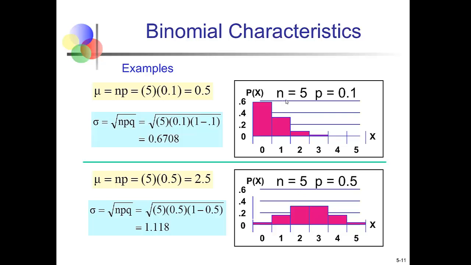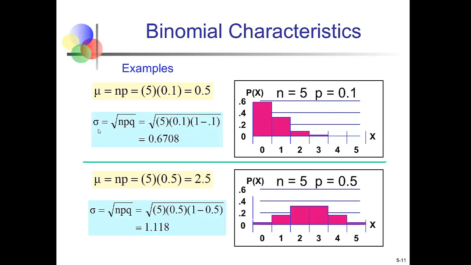The number of trials in both of these binomial probability distributions is 5, but here the probability of success is only 10%. If the probability of success is only 10%, in 5 trials we have an expected value of only half a success. Now we really can't have half a success, but that's the expected number of successes in 5 trials when our probability is only 10%.